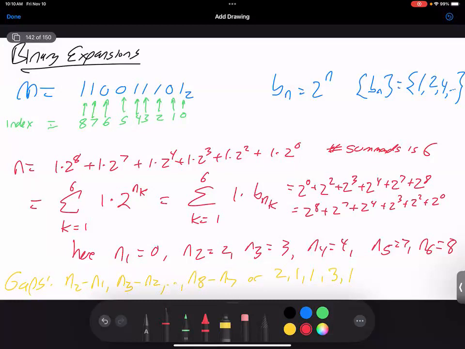So it would have multiple gaps of length 0. Here, I'm not going to have any gaps of length 0 because I can't have any repeated summands. This is very similar to the Zeckendorf decomposition. The difference is that for the Zeckendorf, we can't have 2 adjacent summands being taken. So this would be illegal because I have 8 and 7. It would be illegal because I have 4 and 3. It would be illegal because I have 3 and 2.